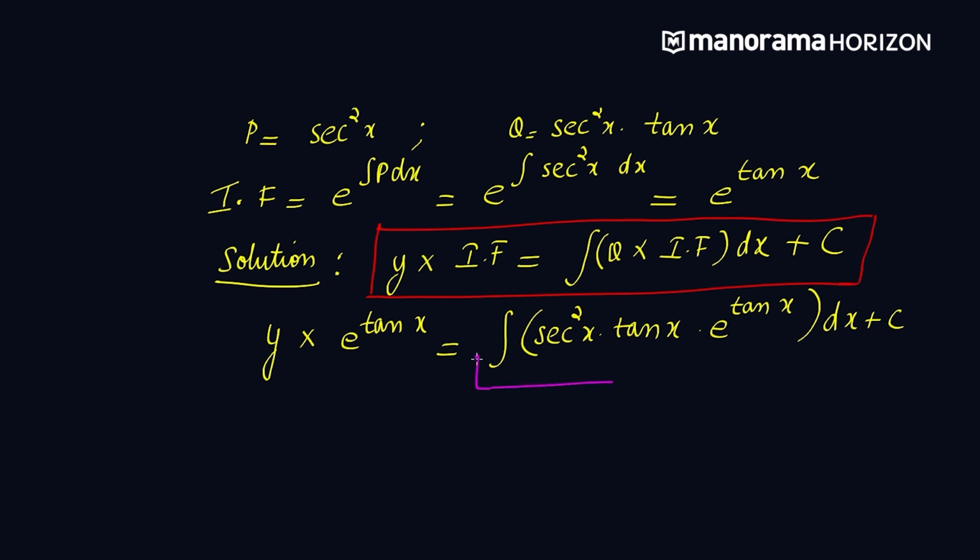Now, if you look at the RHS, we can take this entire integral as I. So, let I is equal to integral sec square x tan x into e raised to tan x dx.